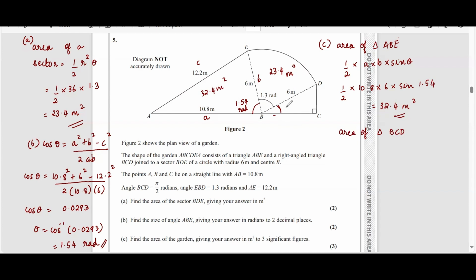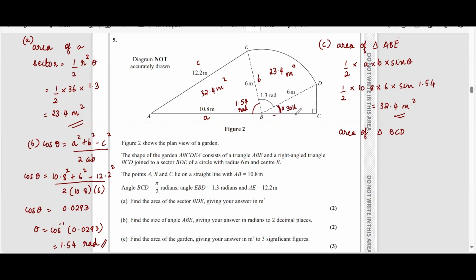So pi minus 1.3 minus 1.54 will give us approximately 0.3016. That is the angle here.